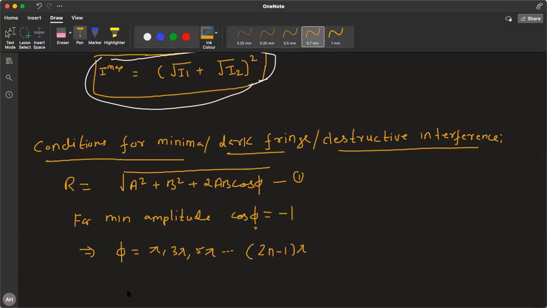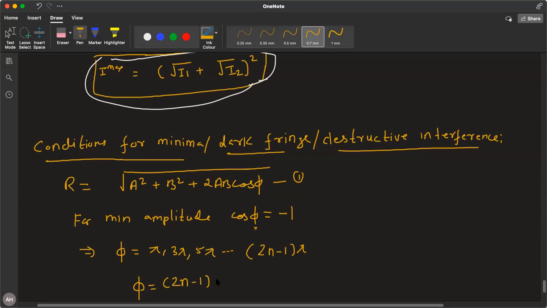So you can say that your phi is 2n minus 1 pi. This is the phase difference.